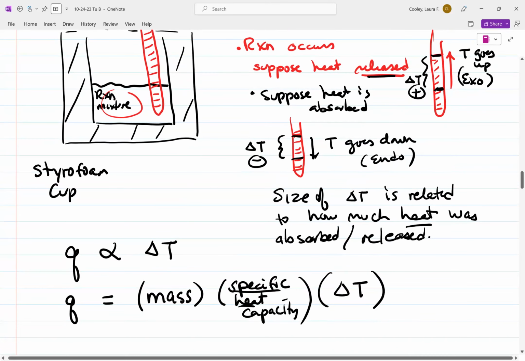Well, it's the mass of the entire reaction mixture that's going up, and the heat that transfers from the reaction into the solution there and causes the temperature to go up. That heat can be figured out from the change in temperature, but it needs to know these other quantities as well, because that affects the temperature rise.